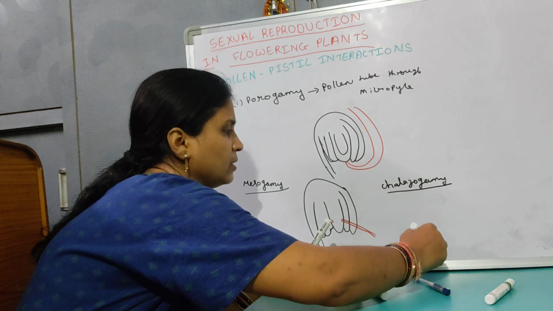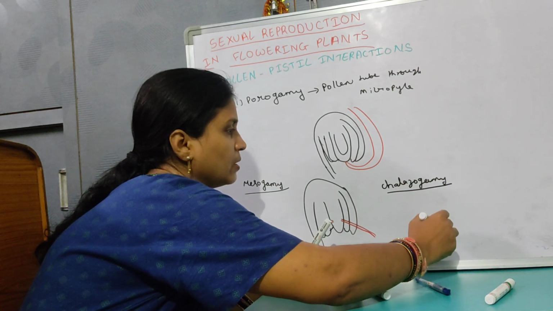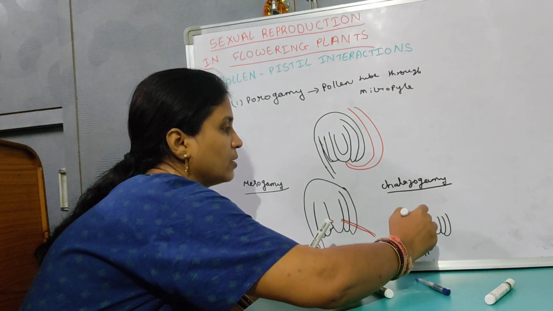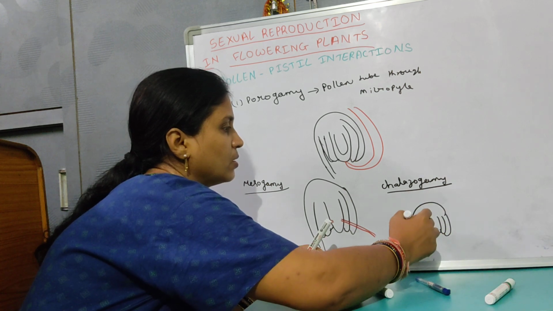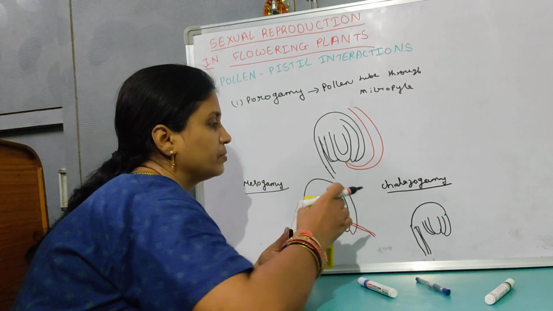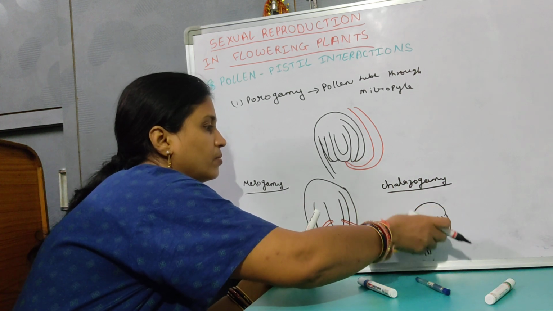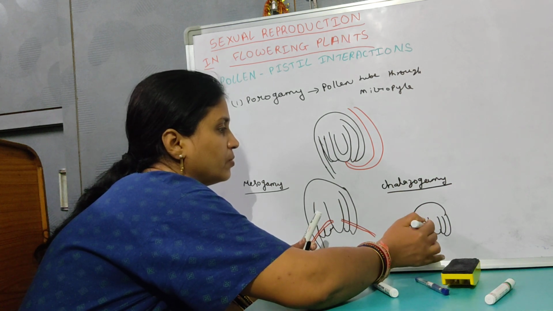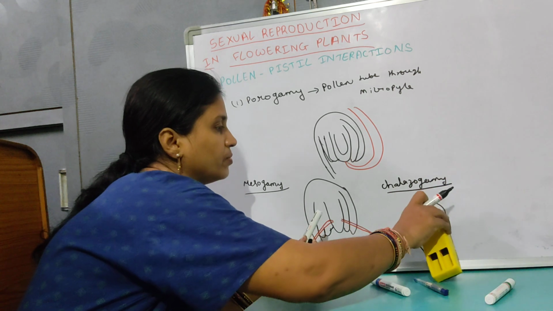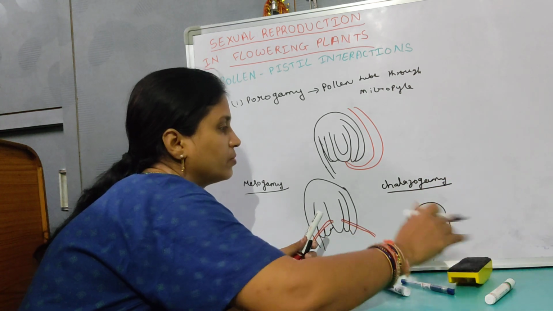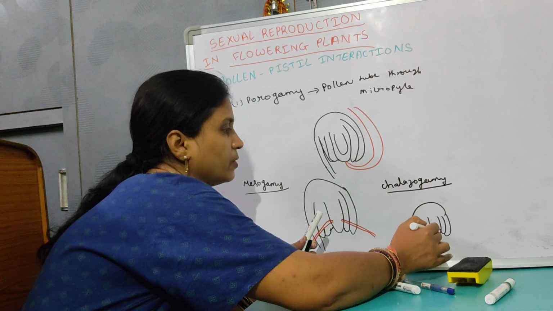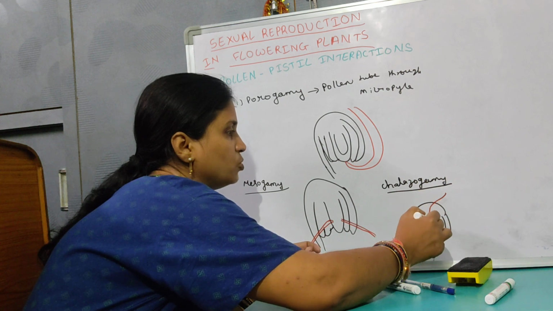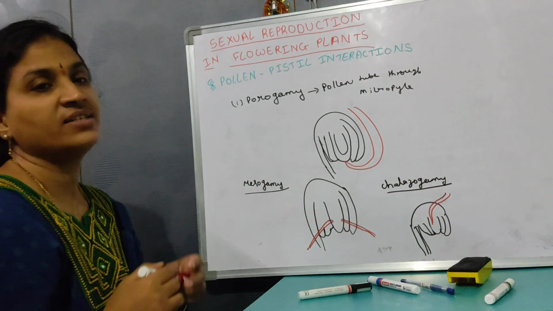Simple. Like this. Okay. When the pollen tube is entering into the embryo sac through the chalaza, it is called chalazogamy.